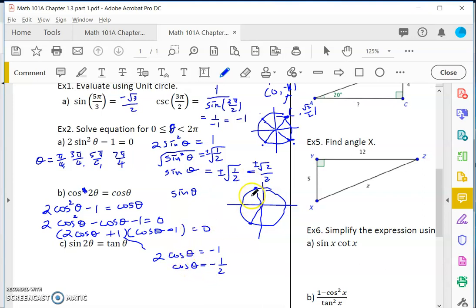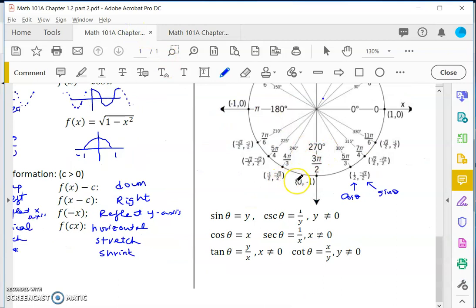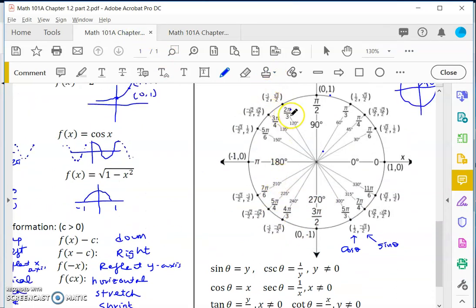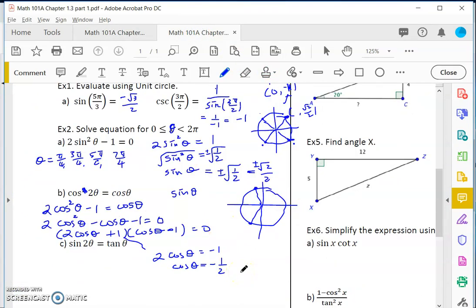What are these? We can go back to this one to look at. You see how there is a negative 1/2 here and a negative 1/2 here, and it's 2 pi over 3 and 4 pi over 3. So our answer here would be 2 pi over 3 and 4 pi over 3.